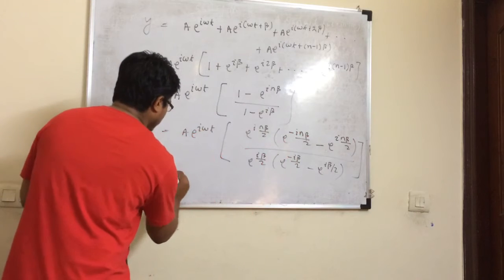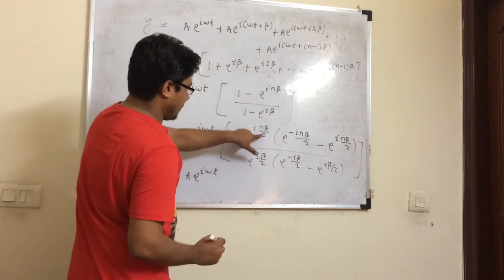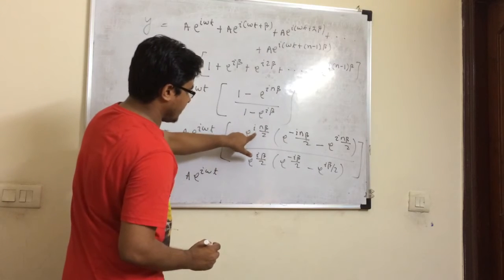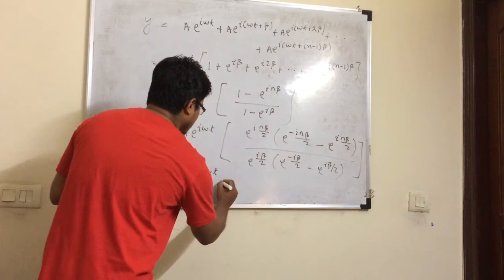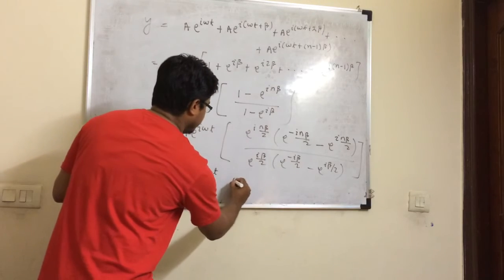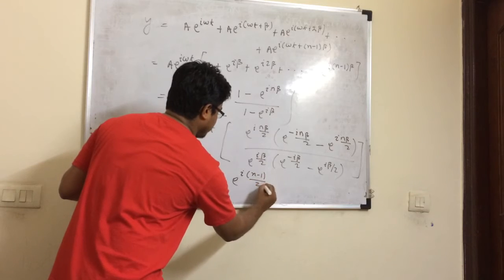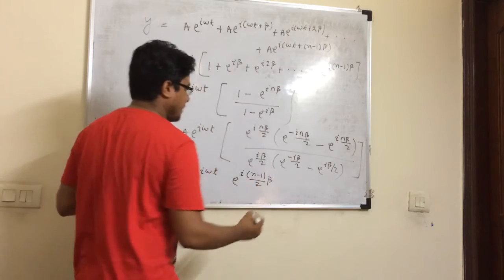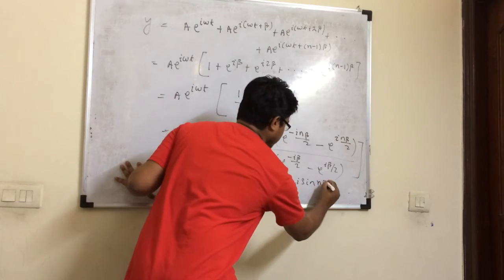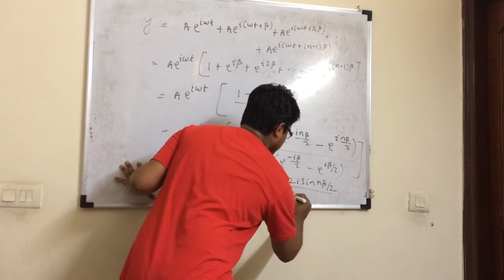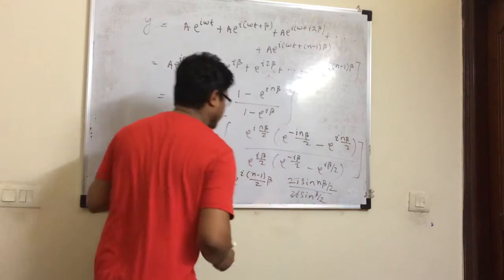So finally I'll be able to write this as e to the power i omega t, and from here e to the power i (n minus 1) times beta by 2, and here we got 2i sin n beta by 2 divided by 2i sin beta by 2. So 2i got cancelled.